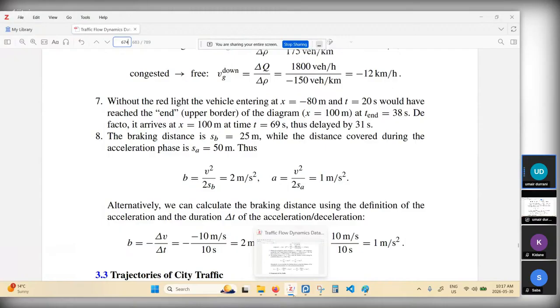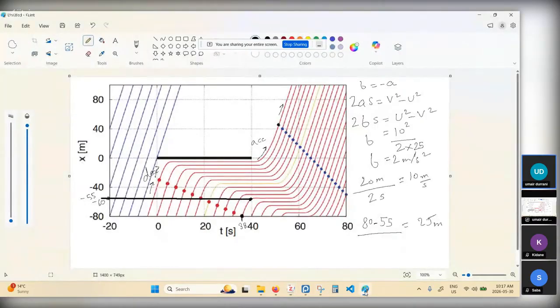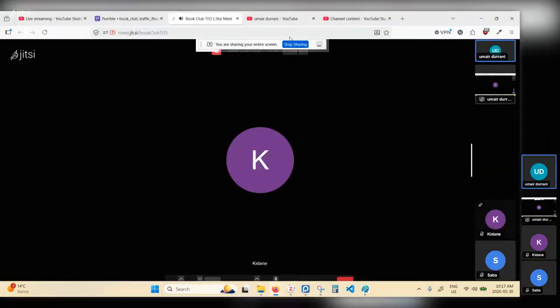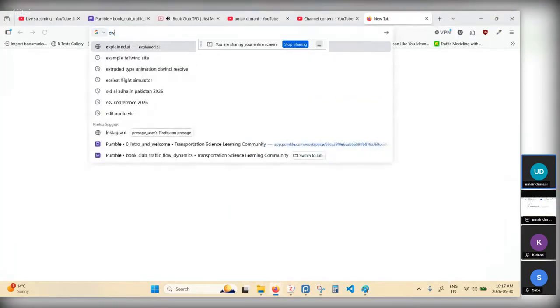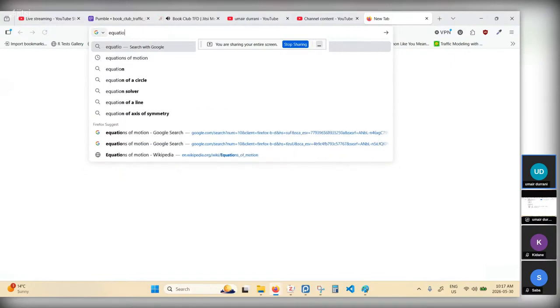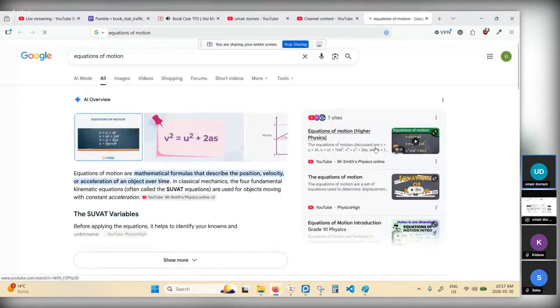So once we have that, we can now use the equation of motion. And if we quickly search for it, then this is the equation that I was sharing before.